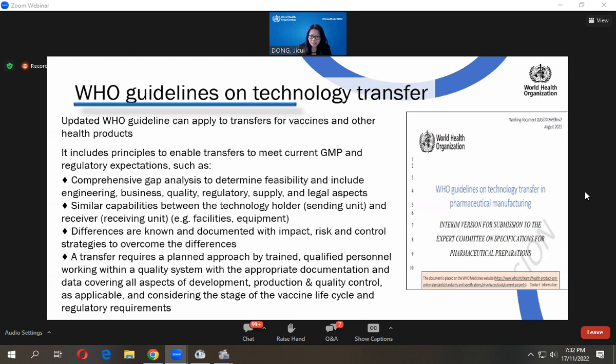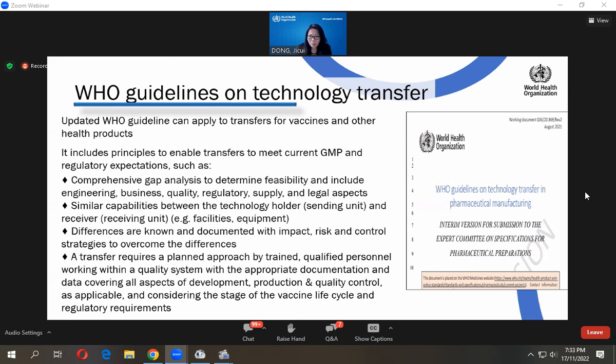And also, we need to consider the stage of the vaccine life cycle and regulatory requirements. So why is the life cycle important? Because the rigor of the level applied in the technology transfer should be commensurate with the vaccine life cycle phase.